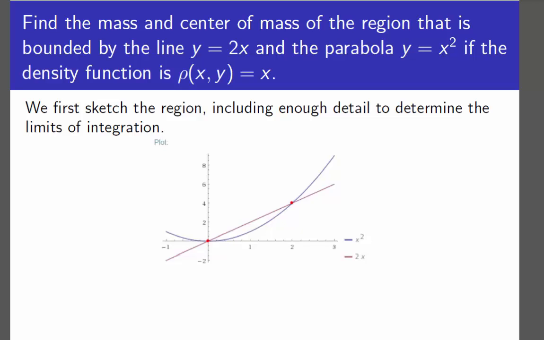Now, we need to find the points of intersection, represented by the red dots. It's clear that the first point of intersection is 0, 0.